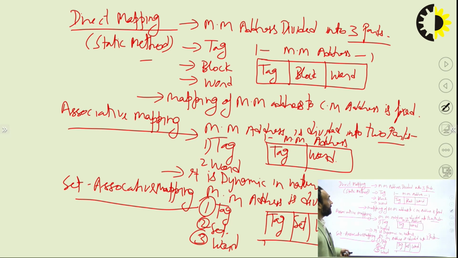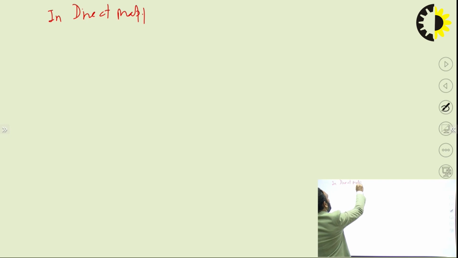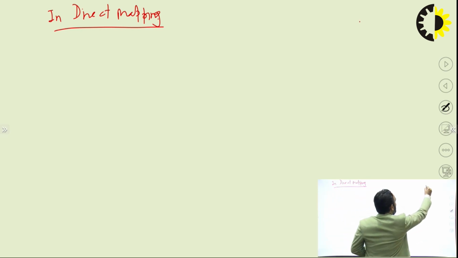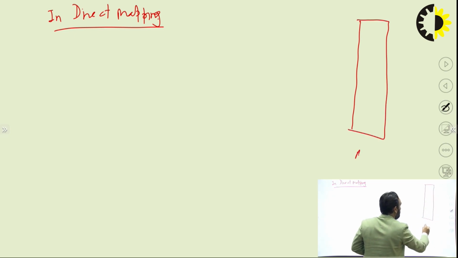Now we will discuss the graphical representation. In direct mapping, the position of main memory blocks in a cache memory is fixed. For example, first of all, we divide the main memory into a number of blocks.